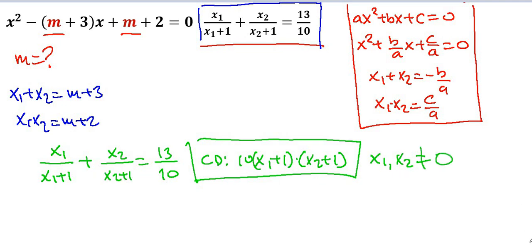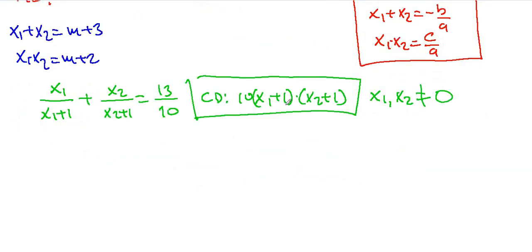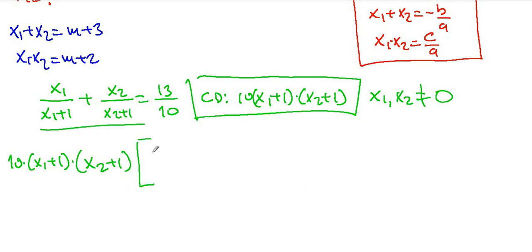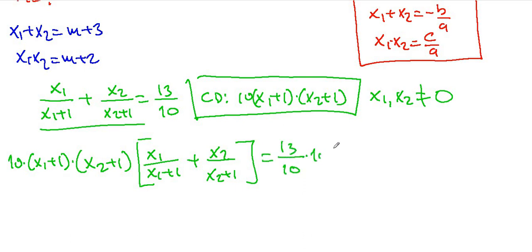So let me multiply both sides by the common denominator, to get 10 times x1 plus 1 times x2 plus 1 and times these two fractions, x1 divided by x1 plus 1 plus x2 divided by x2 plus 1, is equal to 13 divided by 10 times x1 plus 1 times x2 plus 1.